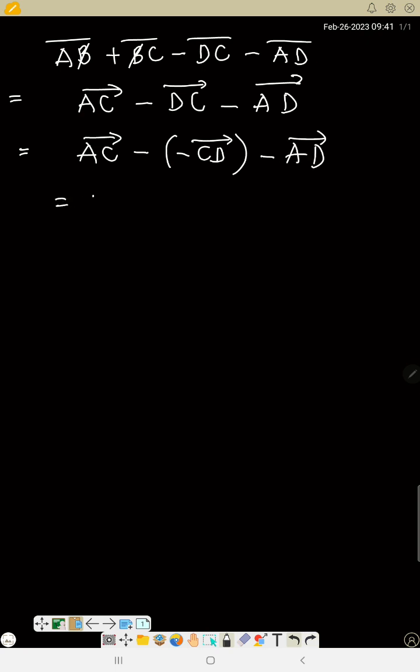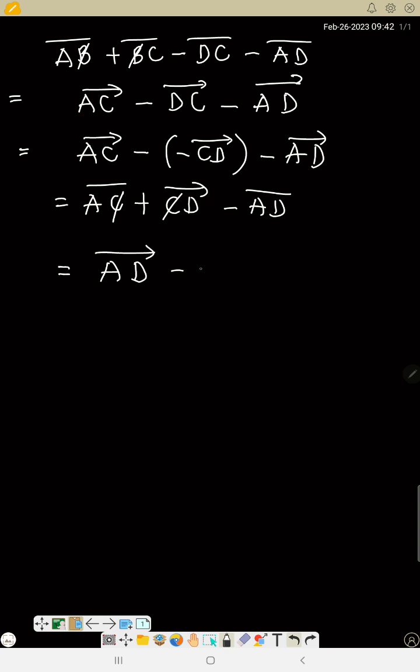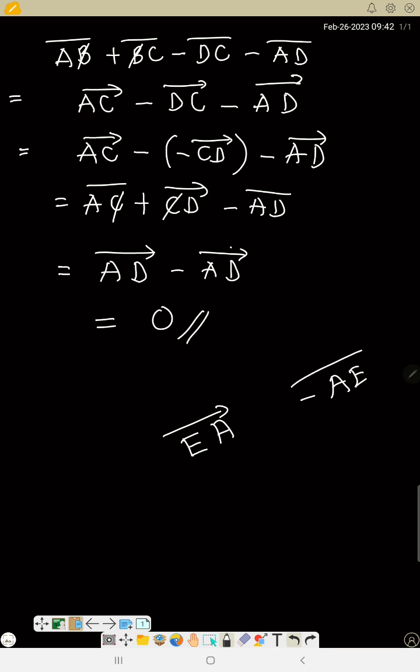So this becomes AC, plus, since minus times minus is plus, CD, then minus AD. We can see now that AC plus CD is AD, so AD minus AD gives us 0 directly. Remember, anytime you are reversing a vector from one form, it becomes minus, like minus AE. Take notes.